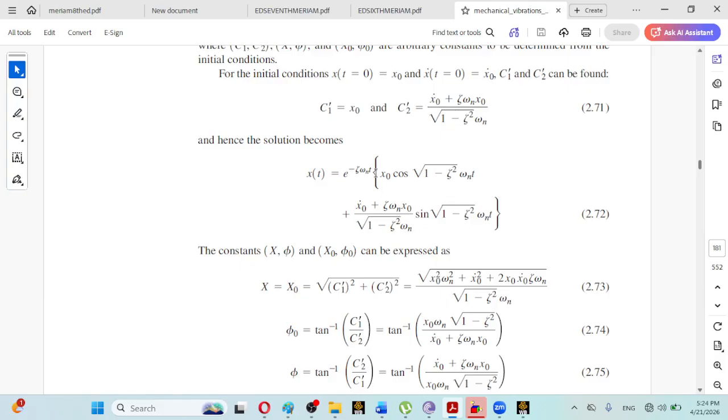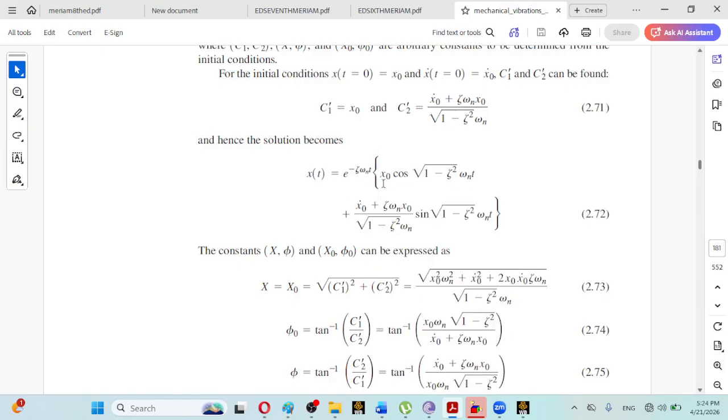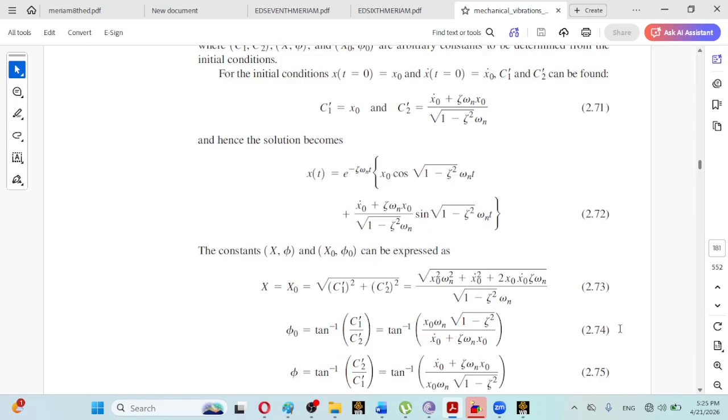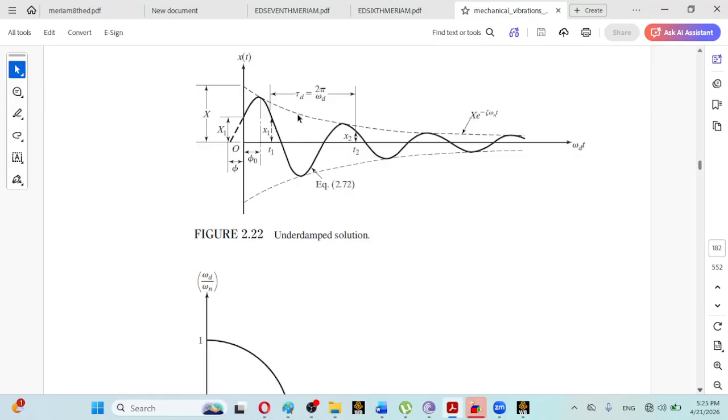But if we only plot, for example, this term without this exponential product, assume that the terms inside the parenthesis are not appearing here, they have disappeared, they are not counted, and only the exponential function e power minus omega nt is plotted, then we will be obtaining this dashed curve, which is actually the exponential plot, which is controlling the peaks of the oscillations.